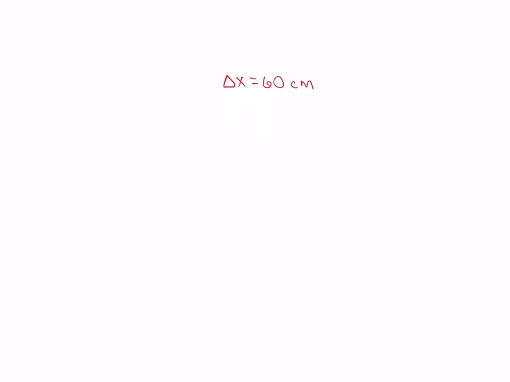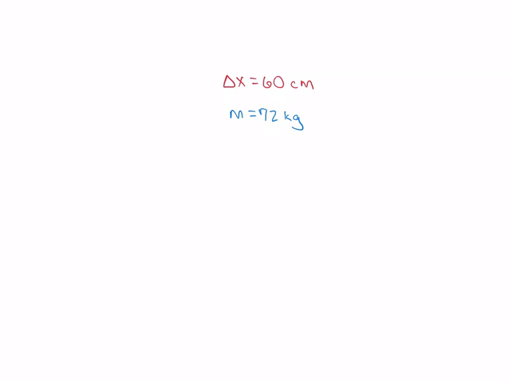So our change in position, the distance in our change in position, is going to be 60 centimeters. We're looking at somebody with a mass of 72 kilograms, and we want to know what the gravitational potential energy is.